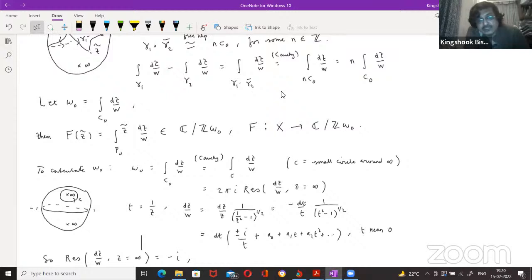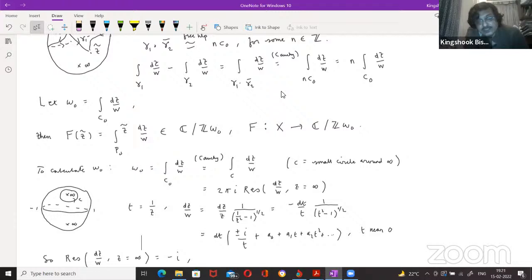So how do I calculate this residue? Well, near infinity, my local coordinate is 1 over z. So I take the variable t equal to 1 over z, and I write this differential form dz over w in terms of t. So dz over w is dz divided by w, and w was z times the square root of 1 minus 1 over z squared. Since t is 1 over z, this dz over z is the same as minus dt over t.